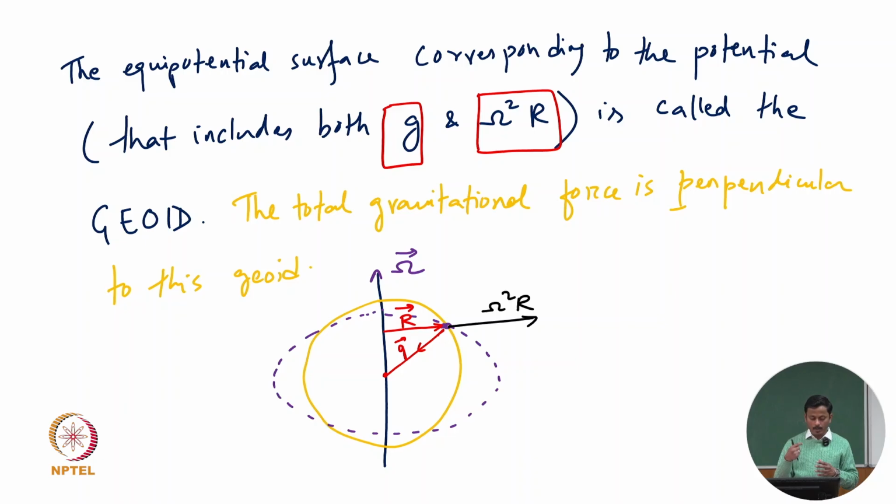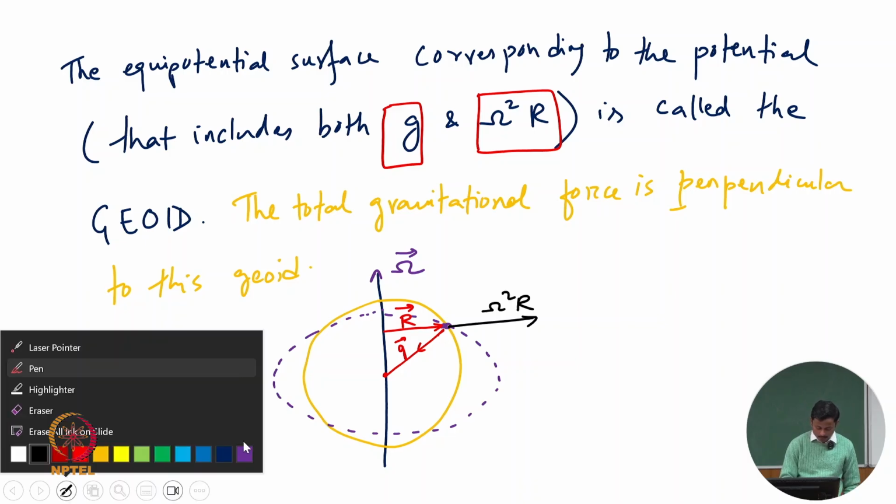You can of course feel it, for example, on a merry-go-round. If you ride on a merry-go-round, you feel an outward force. This is the centrifugal force, and most of us have done this in advanced science classes.